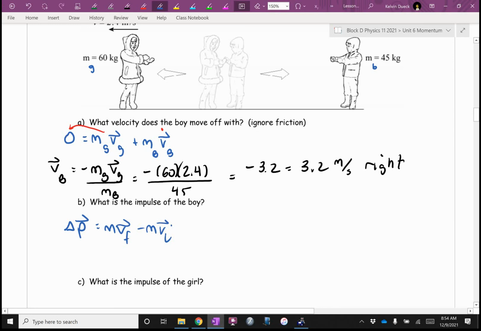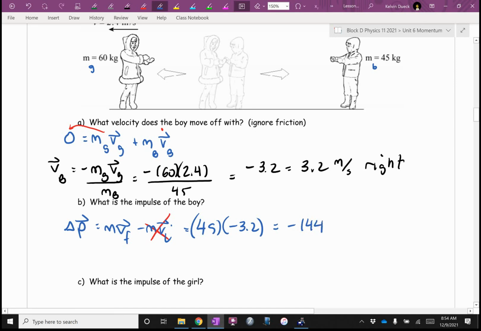What was v initial? It's going to be m times 45. V final, technically negative 3.2. Which is what? What'd you get?